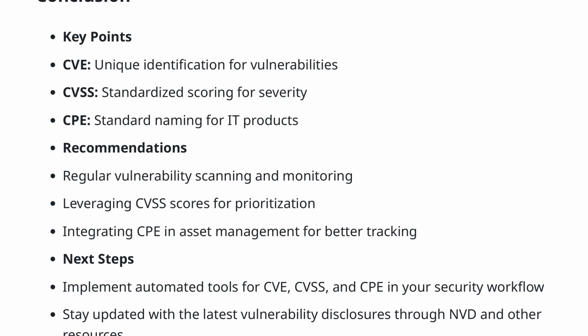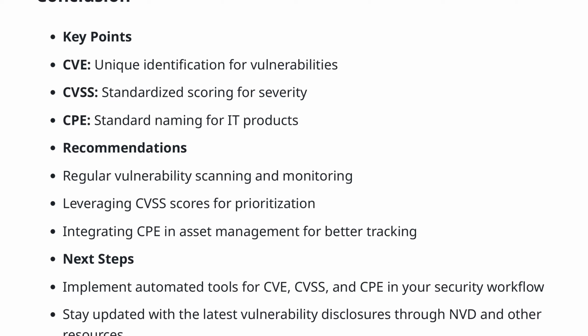We recommend conducting regular vulnerability scans and consistently monitoring your systems for any new security issues. Use CVSS scores to prioritize which vulnerabilities should be addressed first based on their severity. Integrating CPE into your asset management practices can greatly improve your tracking and identification of affected systems.